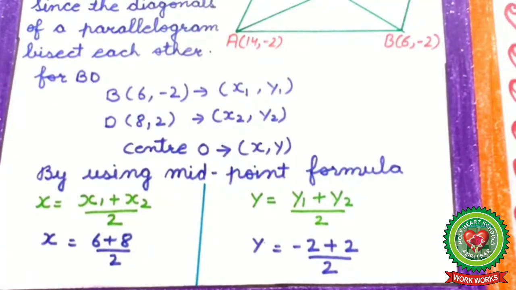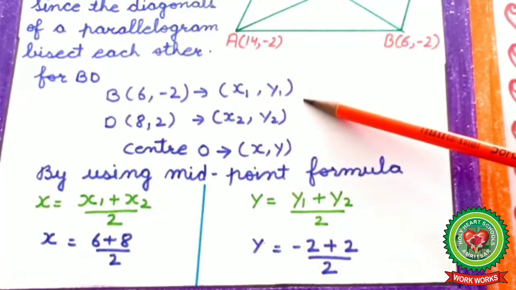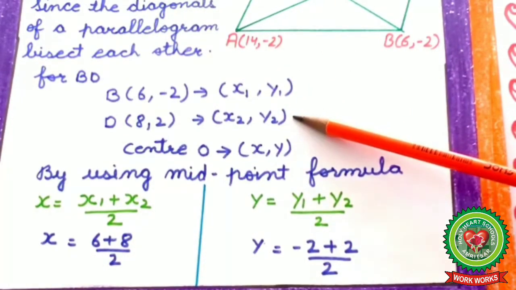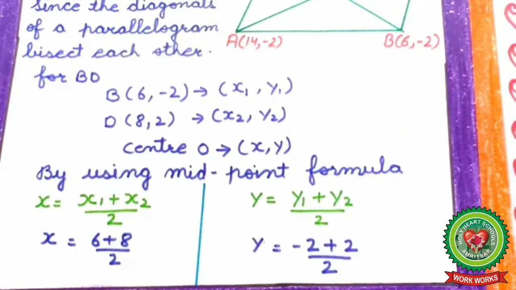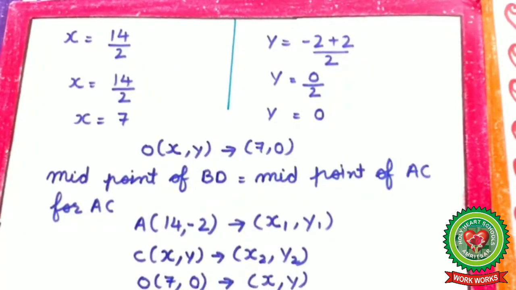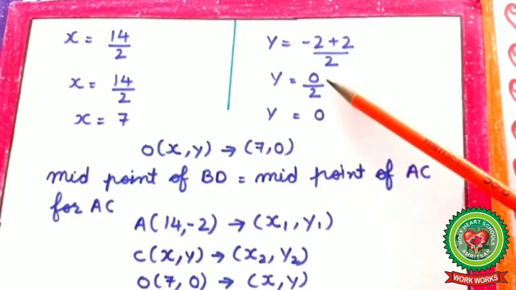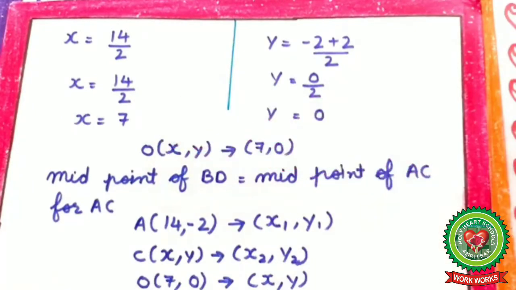By using the midpoint formula, after filling values here for BD, B is x1, y1, D is x2, y2. From here, after solving, the coordinates of center are 7 and 0. 0 upon 2, answer is 0, and 14 upon 2 after cutting, answer is 7.